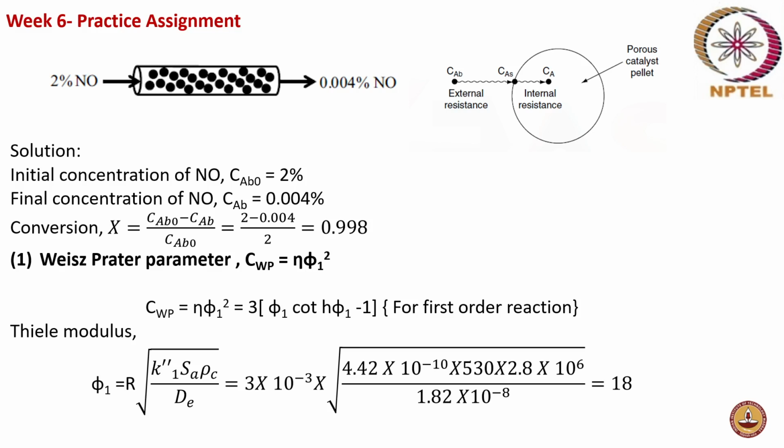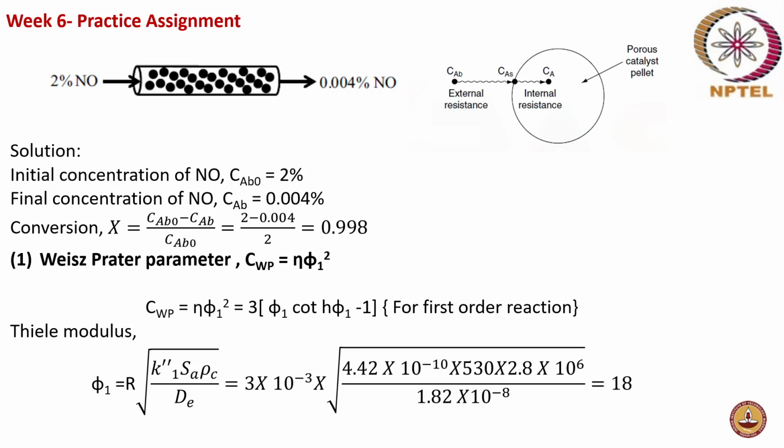We should also look into the units so that there is unit consistency, otherwise it may lead to wrong results. Here all the units are considered and they match. Substituting all the values, you will get your Thiele modulus to be 18.